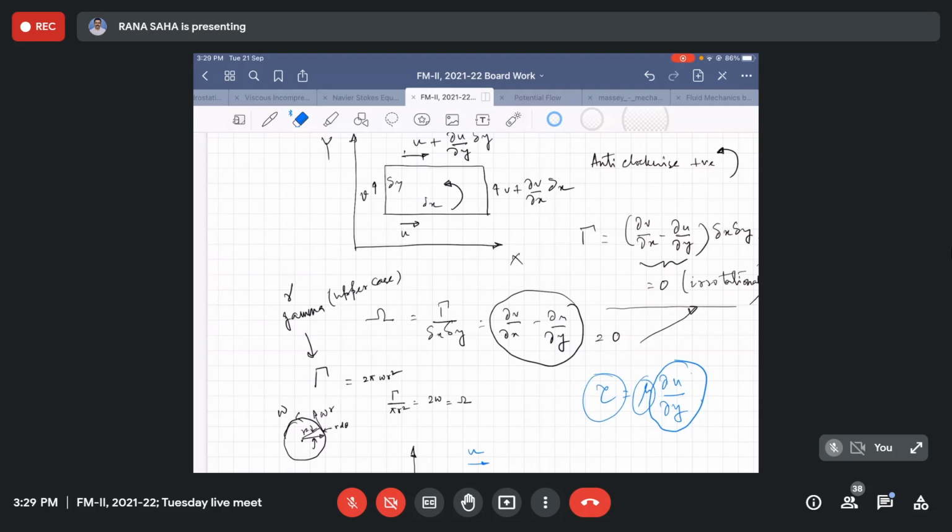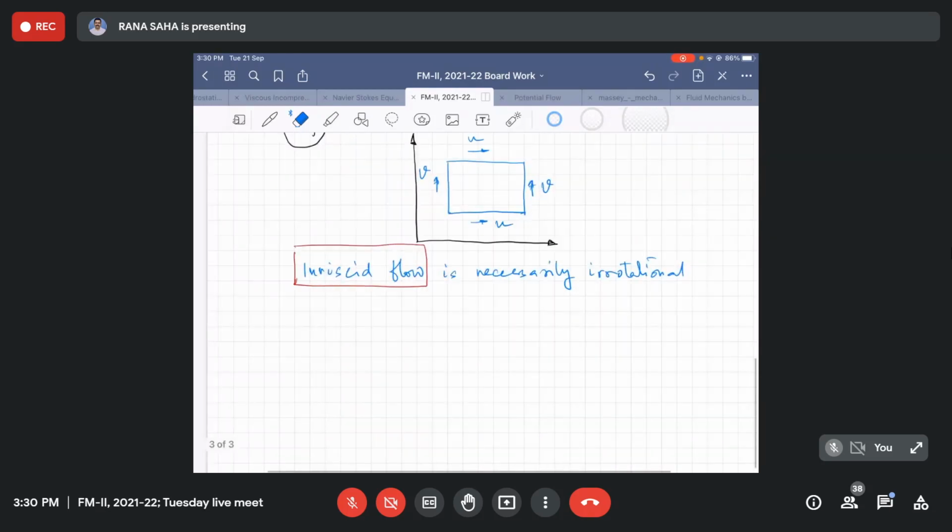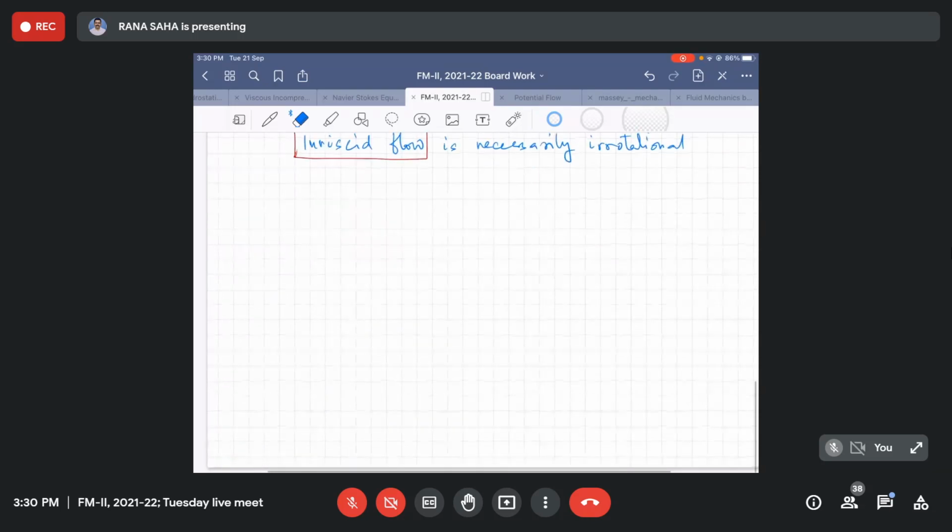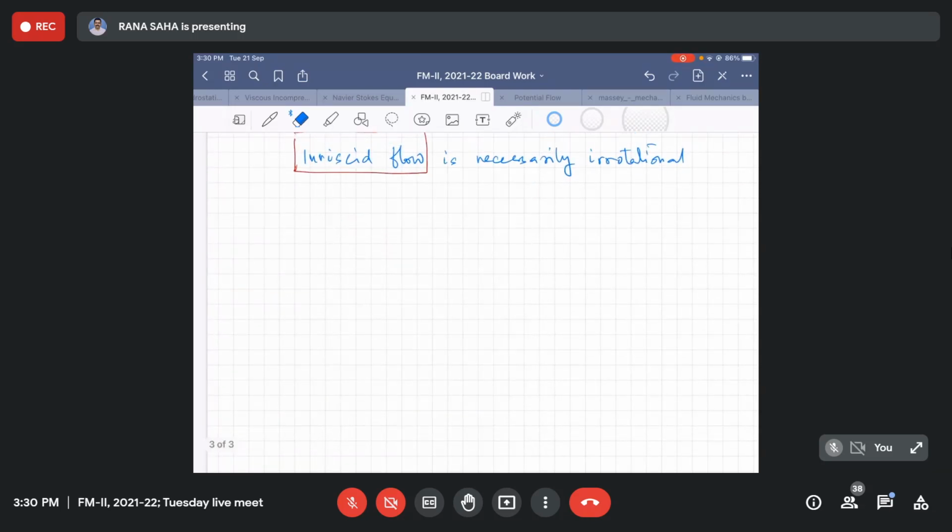So the velocity vector actually is defined as i cap u naught, because this is uniform along y-axis, so it is a constant along y-axis. So i cap u naught, and there is no j component or y component of velocity. So it's a very simple mathematical exercise.